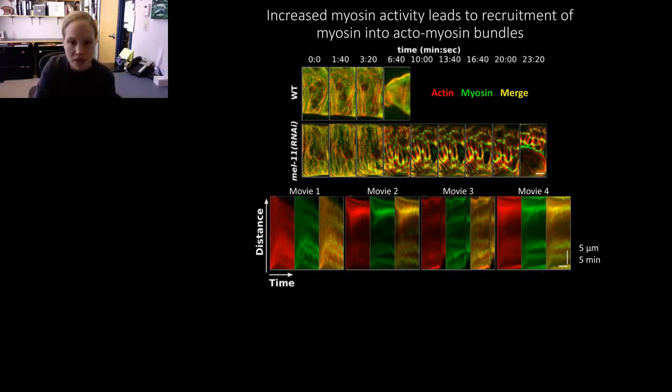We were also really fortunate in this movie to catch another cool thing, whereas in this case here, those two actin fibers or actin bundles have just retracted backwards. And they're able to retract up until reaching, it's a lot of arrows, a band of myosin shown there. So it really looks like myosin, again, is interacting with other myosin foci on parallel actin bundles, such that these two fibers are able to retract but then stop once they reach this continuous band of myosin.